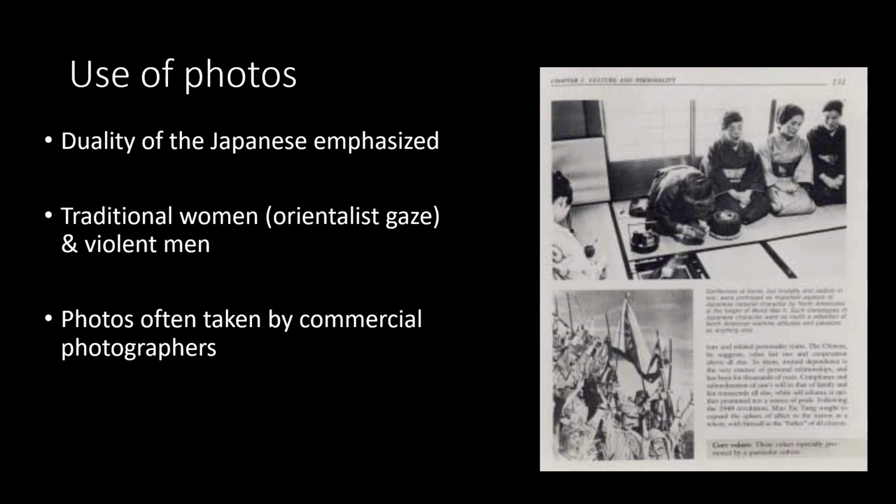And when women are used in this way to represent traditional culture, there's perhaps an Orientalist gaze here. Orientalism is this idea of the West representing the East as being backward and exotic, and here women are exotified and also represented as being backward too, because of the kimono, for example, that is being used here.